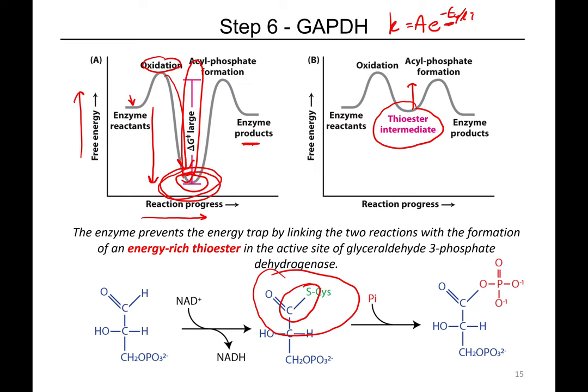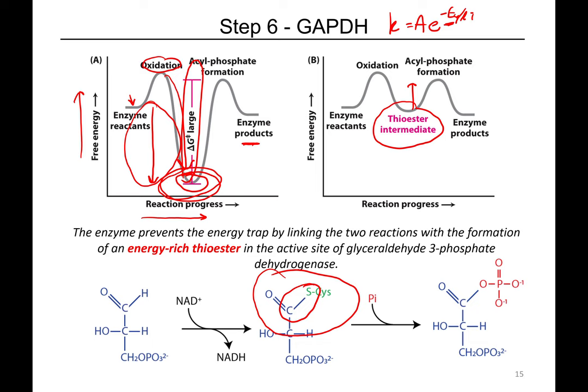So this is an important theme, right? We consistently are talking about how it's important to be able to trap energy. This is one way where we can trap energy in covalent bonds. This is how we translate the energy of oxidation of that carbon to something that's useful, right? If the carbon oxidized all the way to the carboxylic acid and we didn't have this intermediate, we would just release all of this energy and it would be gone forever.